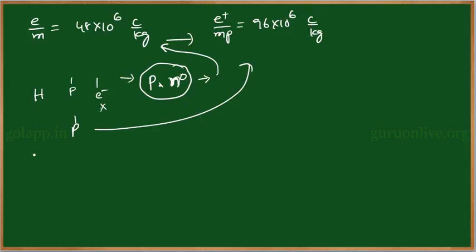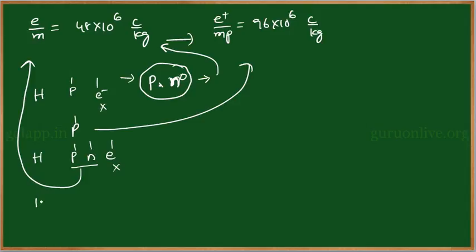If we take deuteron, which has one proton, one neutron and one electron, and take out this electron, the remaining thing is one proton and one neutron. So this will possess the same e by m ratio as the given particles. So can I say it is deuteron? Yes. So the particles are deuterons.